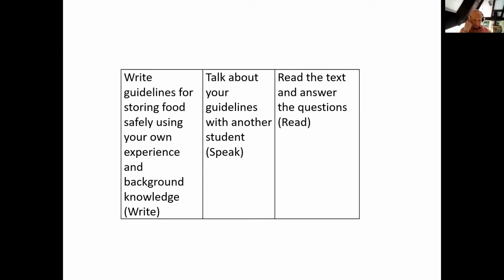And the 5th example I've given on the handout is talk to a partner about what you know about good food storage procedures, so speak. Then they read the text and answer the questions, so that's reading. And then the third step is to either prepare and deliver a talk to your partner about good food storage procedures or the danger of not handling food correctly and carefully.